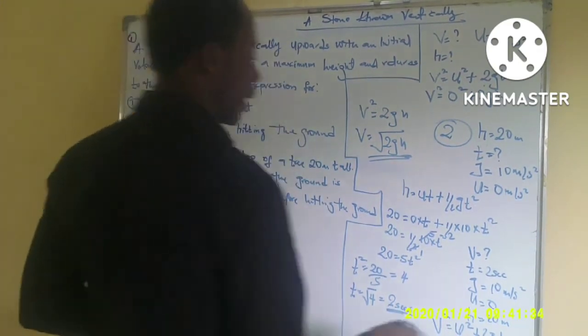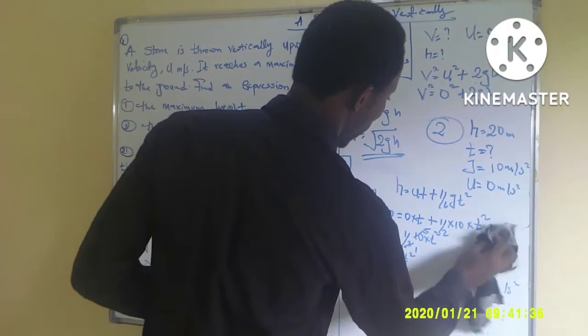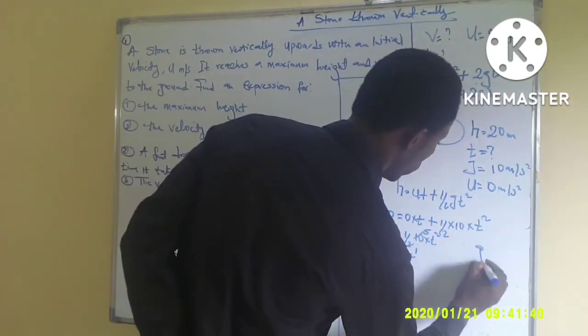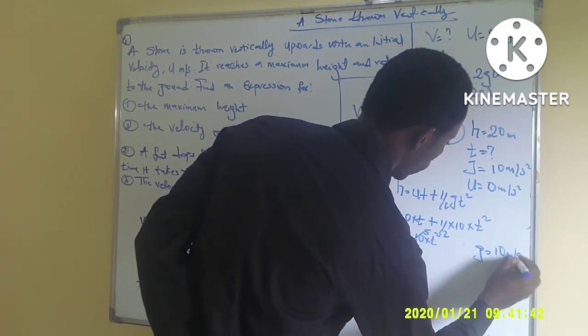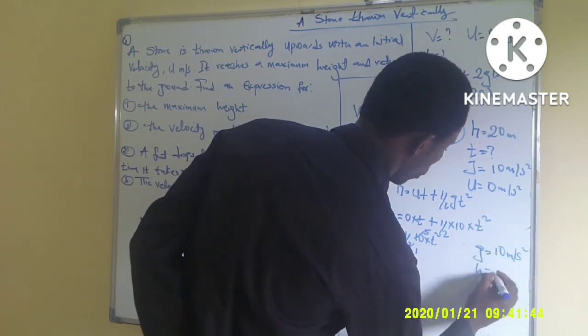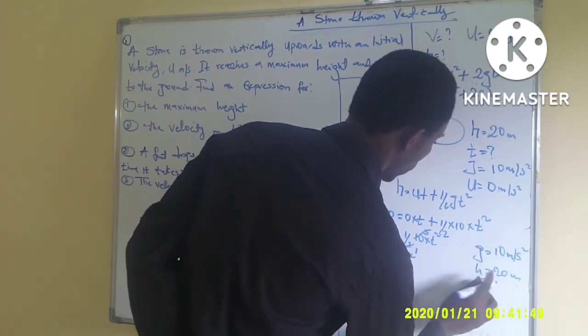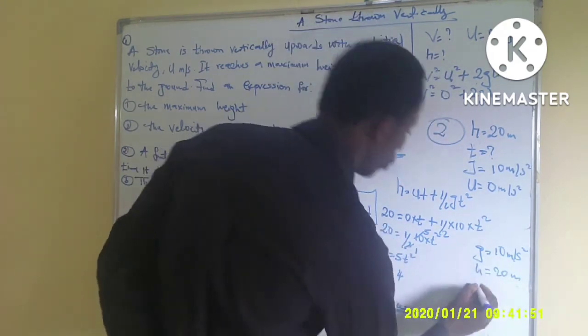Knowing fully well that the parameters involved are g is equal to 10 meters per second squared, the height h is equal to 20 meters, and u is equal to 0.